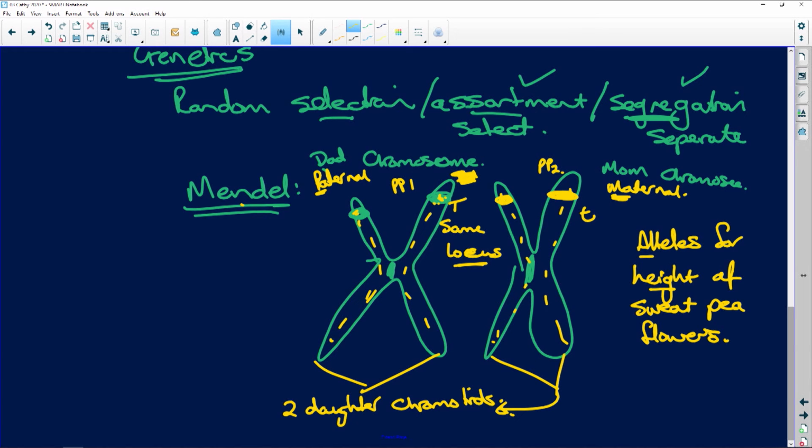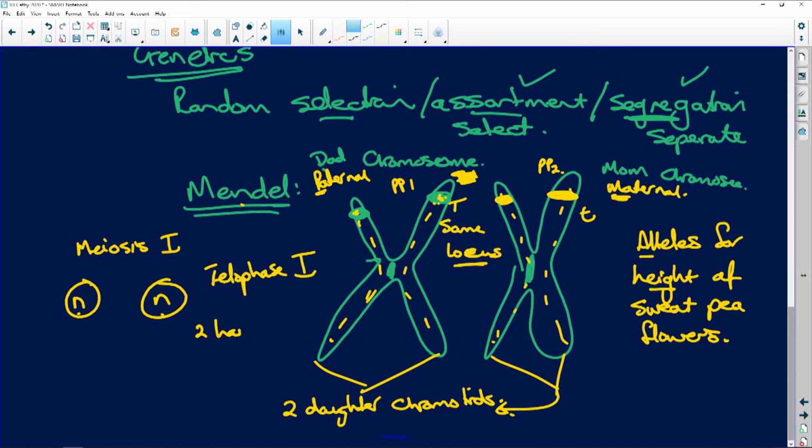That means that after meiosis 1, we are now going to have 2 haploid daughter cells. This is at telophase. Non-identical daughter cells. Oh, for heaven's sake, I'm trying to write too fast.